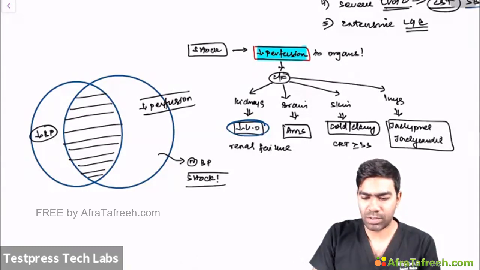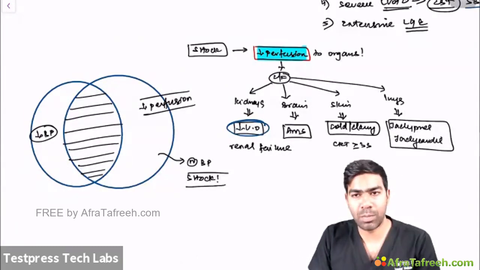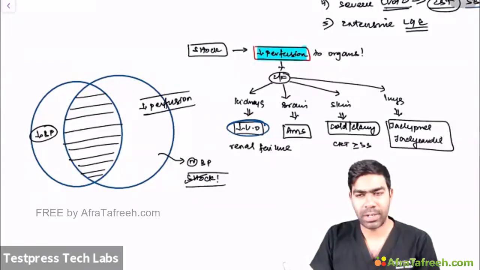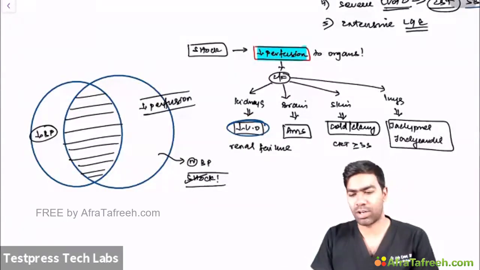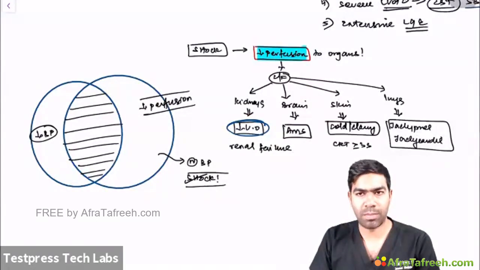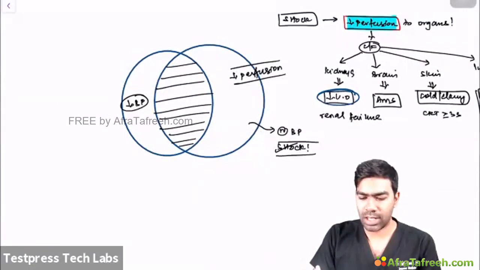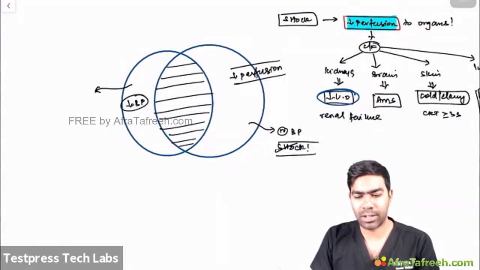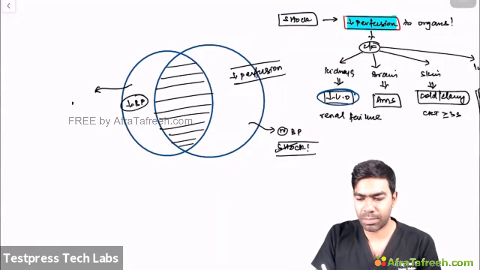Examples of this may be carbon monoxide poisoning, or some examples of histotoxic hypoxia, where the patients have underperfusion to the organs but still have normal blood pressure. And there are also patients who have low BP but still do not have any shock.